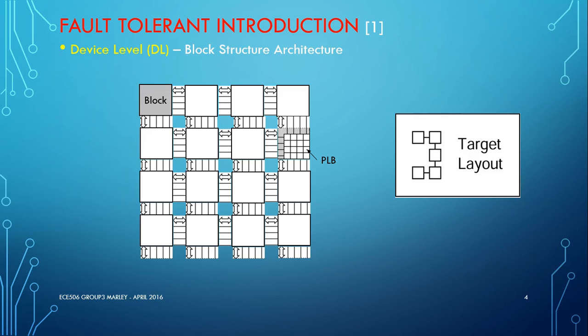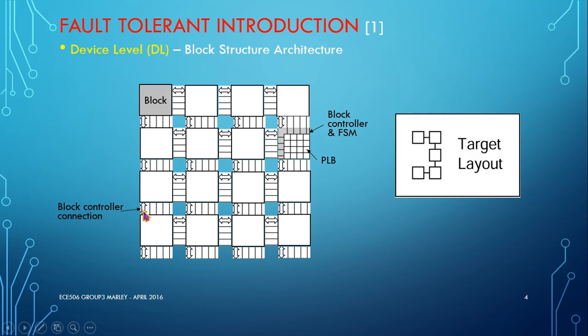This one has a 4x4, 16 PLBs. And around the top and the left is a block controller. This has a finite state machine, can test all the PLBs of the block, tell whether the block is working or not. And it also has the communication with other blocks. And this thick double arrow here is the block controller connection.